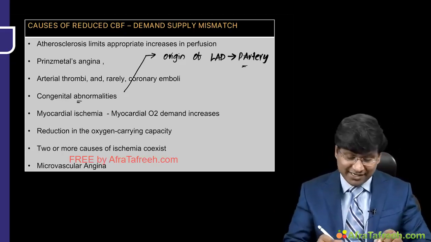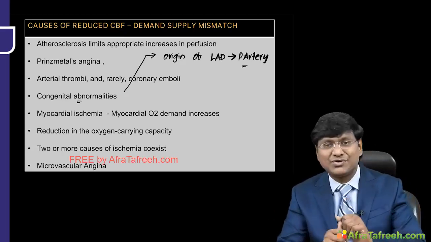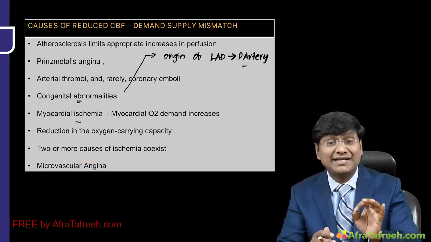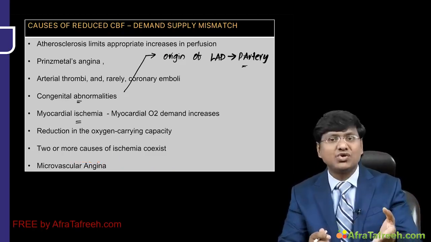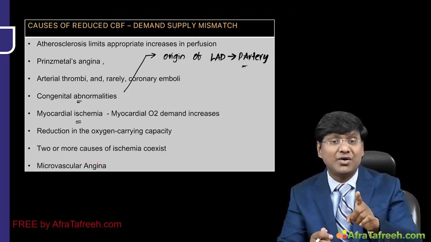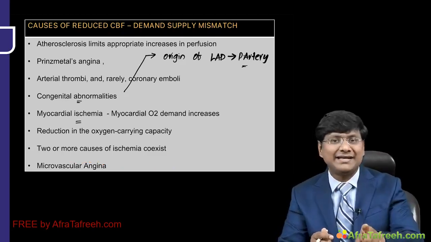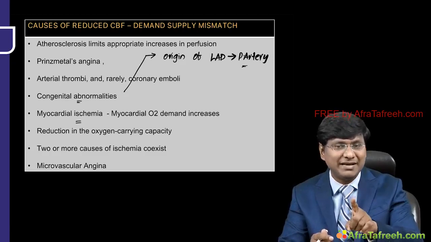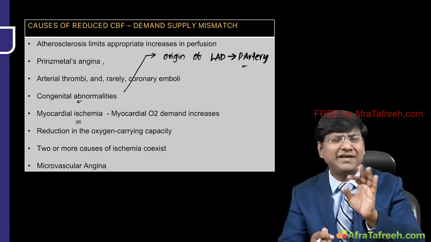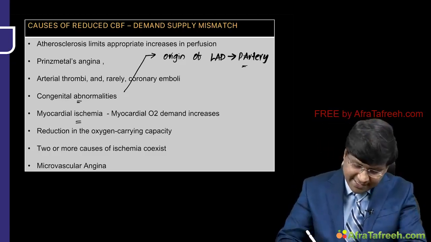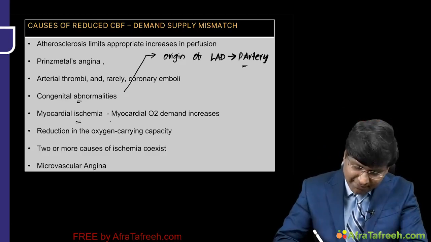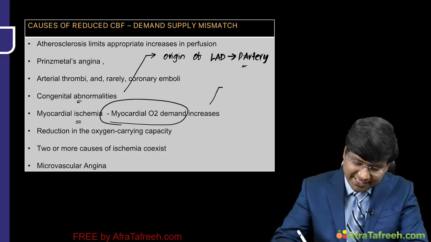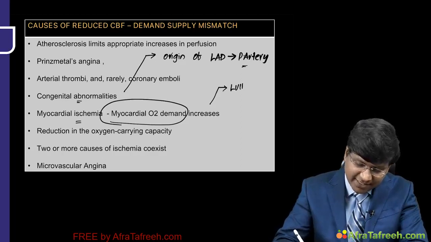Another important condition with reduced coronary blood flow is when myocardial ischemia occurs because myocardial oxygen demand is markedly increased, particularly when coronary blood flow is limited, as occurs in severe left ventricular hypertrophy. In certain scenarios, the myocardial oxygen demand increases, like in patients with left ventricular hypertrophy.